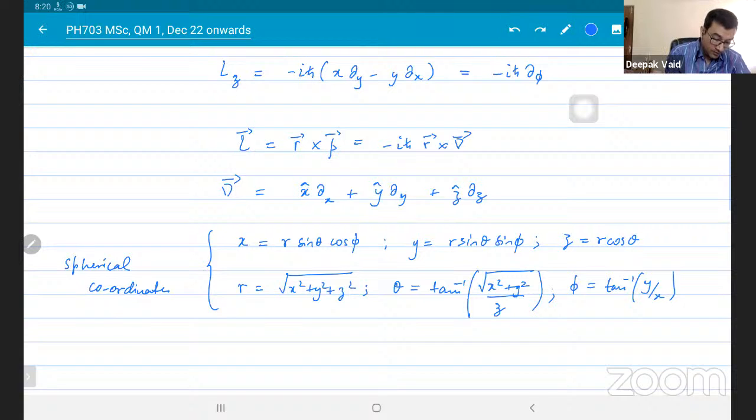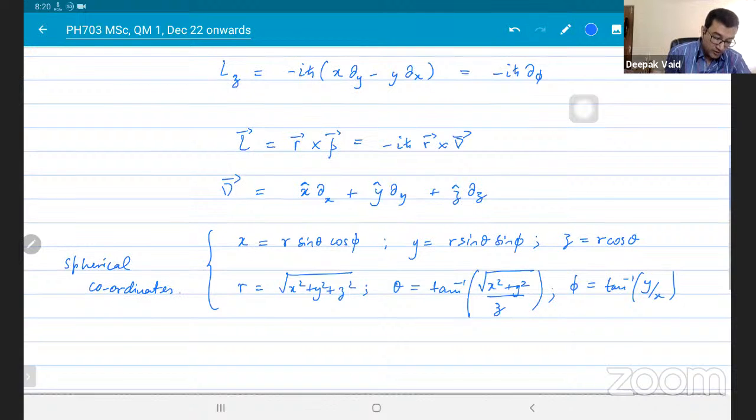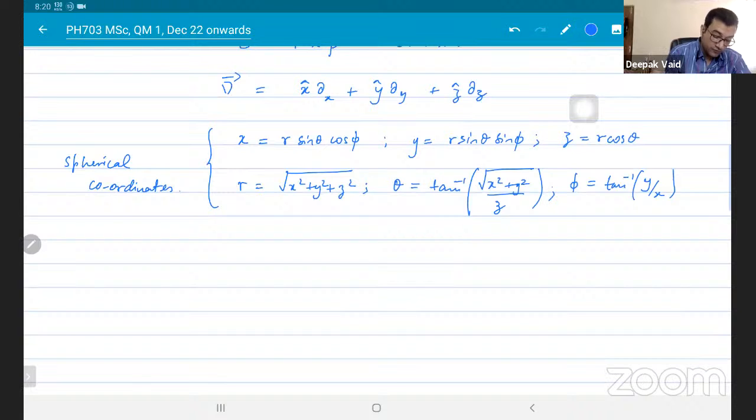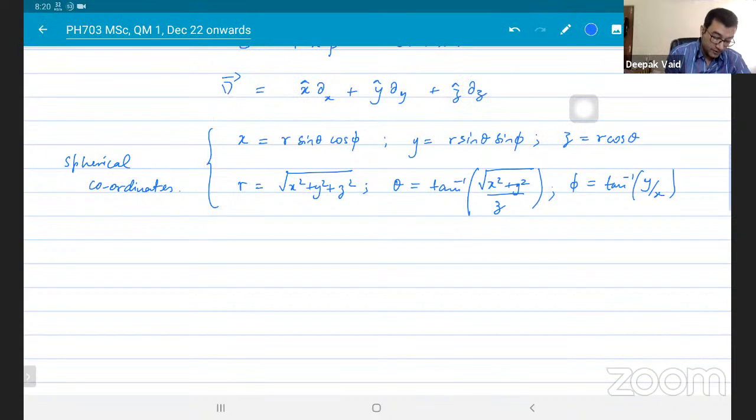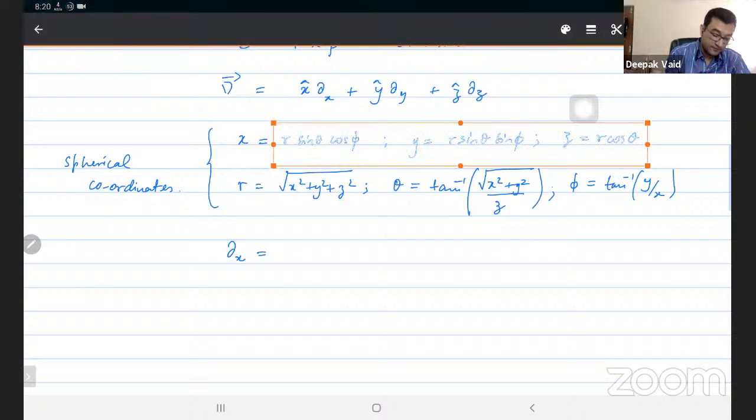Okay. Now, another important point: in terms of spherical coordinates, one can write this gradient operator. I'll show you one component, ∂/∂x. Now x is a function of three variables, right?